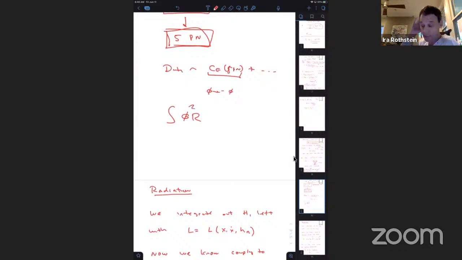Then I can just turn the crank and do everything I did before. So now there'll be, for instance, corrections to the potential, right? Because depending on how it couples, say it only coupled in this way, then you would have, let's see.